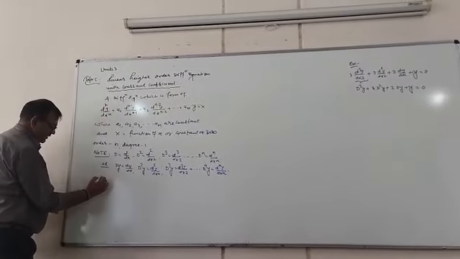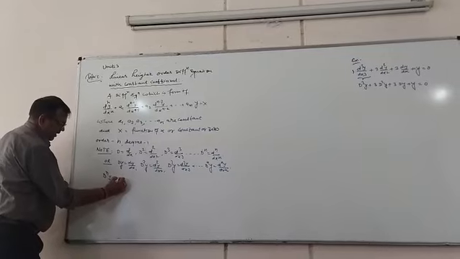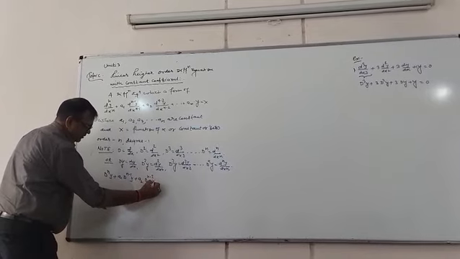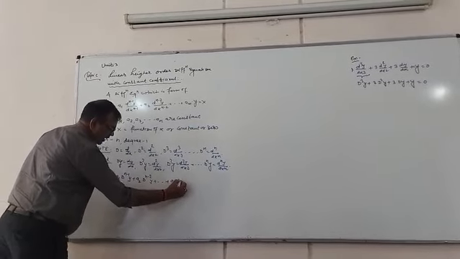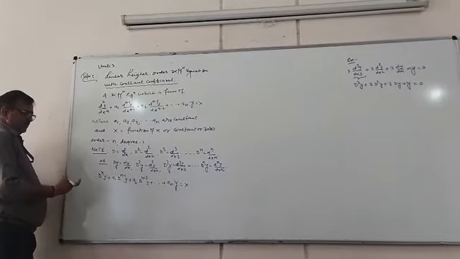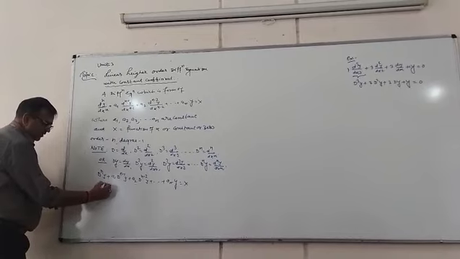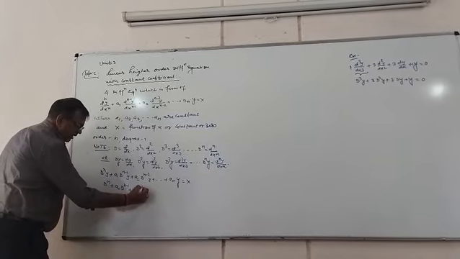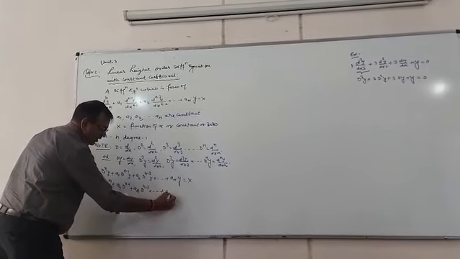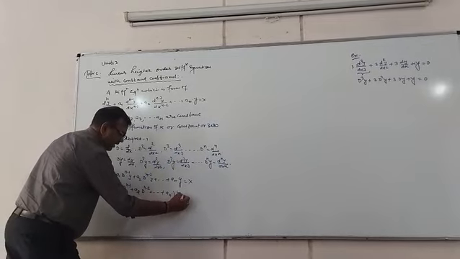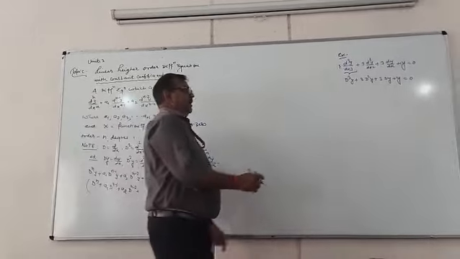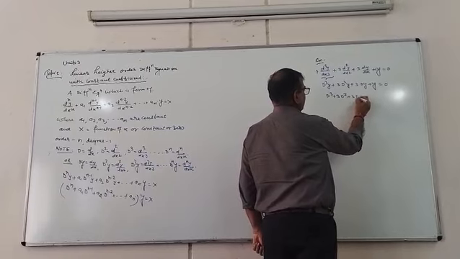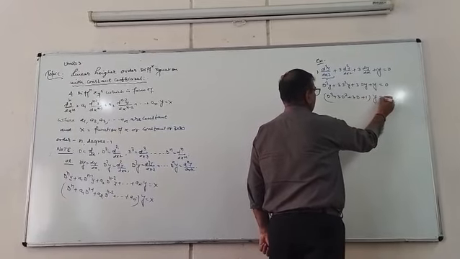Also that equation we can write as D^n y plus a1 D^(n-1) y plus a2 D^(n-2) y and so on plus an into y equal to X. Now taking y common, we can write D^n plus a1 D^(n-1) plus a2 D^(n-2) plus and so on plus an D^0 into y equal to X. Also here we can write D cube plus 3 D square plus 3 D plus 1 into y equal to 0.